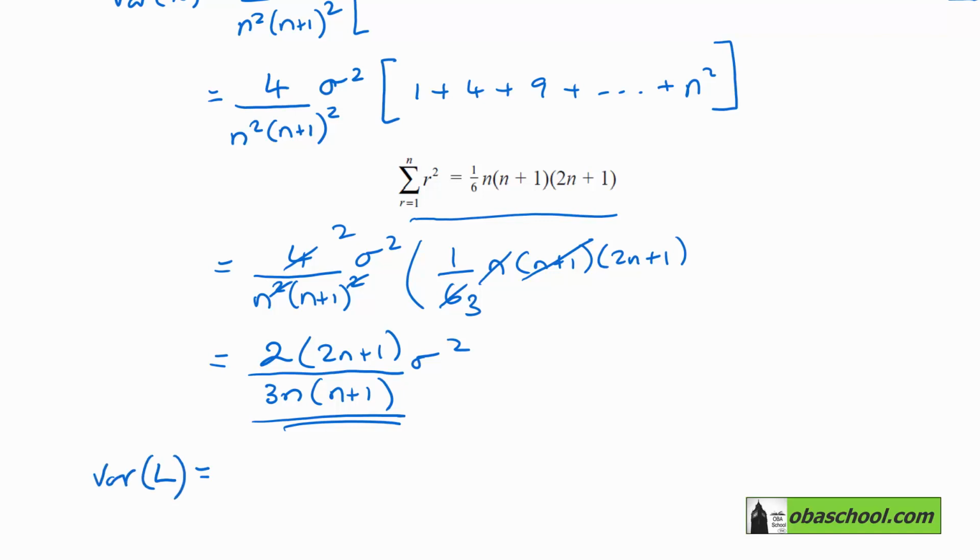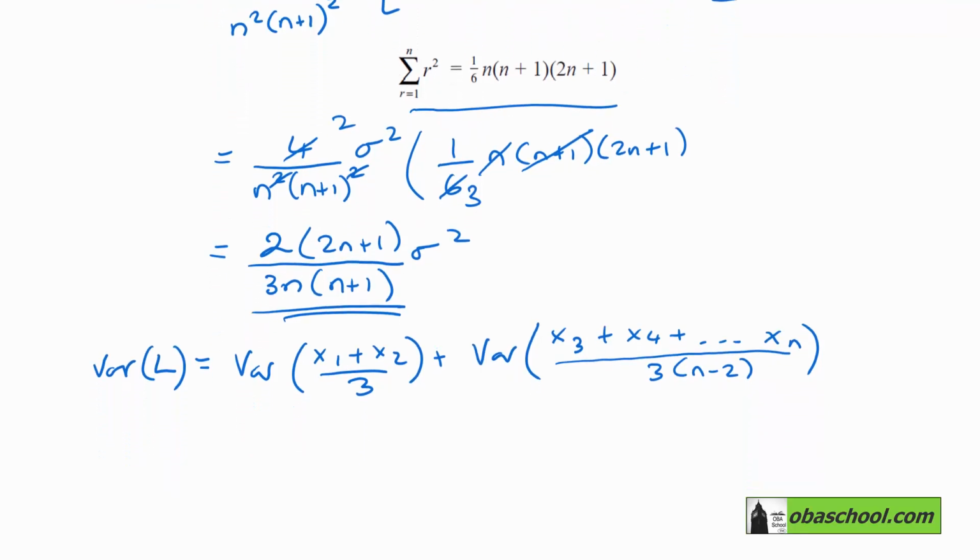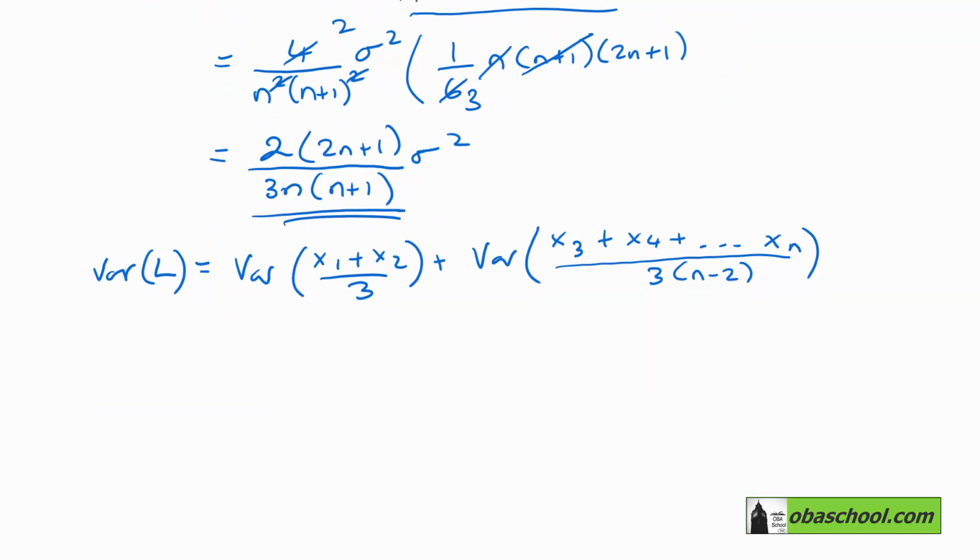We had the expression before. So we've got var of x1 plus x2 over 3 plus var of x3 plus x4 plus and so on up to xn all over 3n minus 2. Now remember the variances of x1, x2 and so on are all the same, they're just the variance of x. So for this first one, we've got 2 of those x's being added.